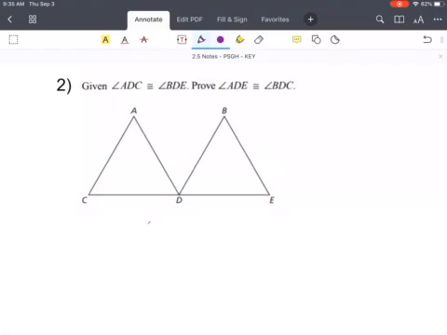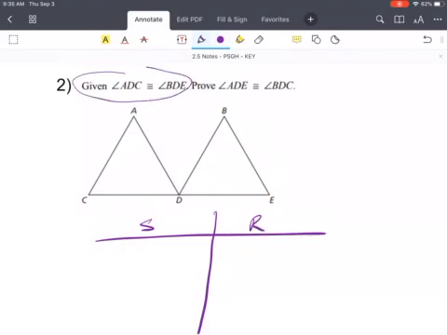For number 2, again, let's start off our statements and reasons. And then label our given and then start there. ADC is congruent to BDE.